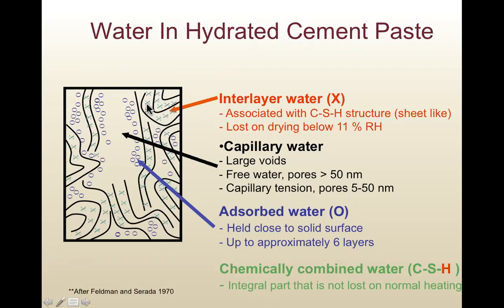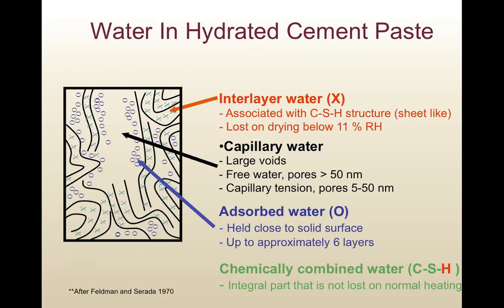Interlayer water is very hard to dry, only when the relative humidity, RH, in the environment is below 11%. The second water is called capillary water, or the water inside the small pores in hydrated cement paste.